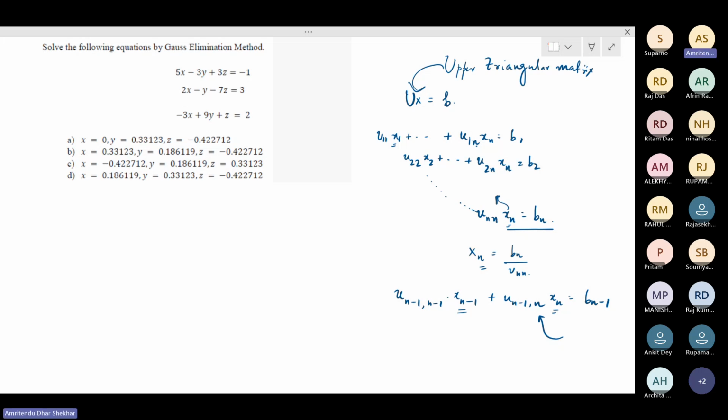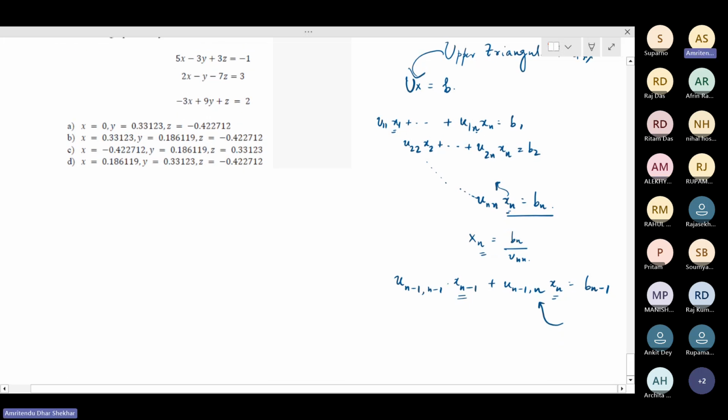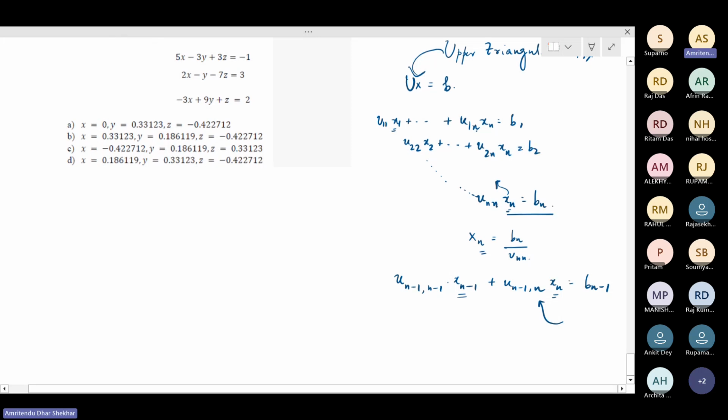So the way this is carried out is actually quite straightforward. Let's say you are given any such matrix A, with these entries.